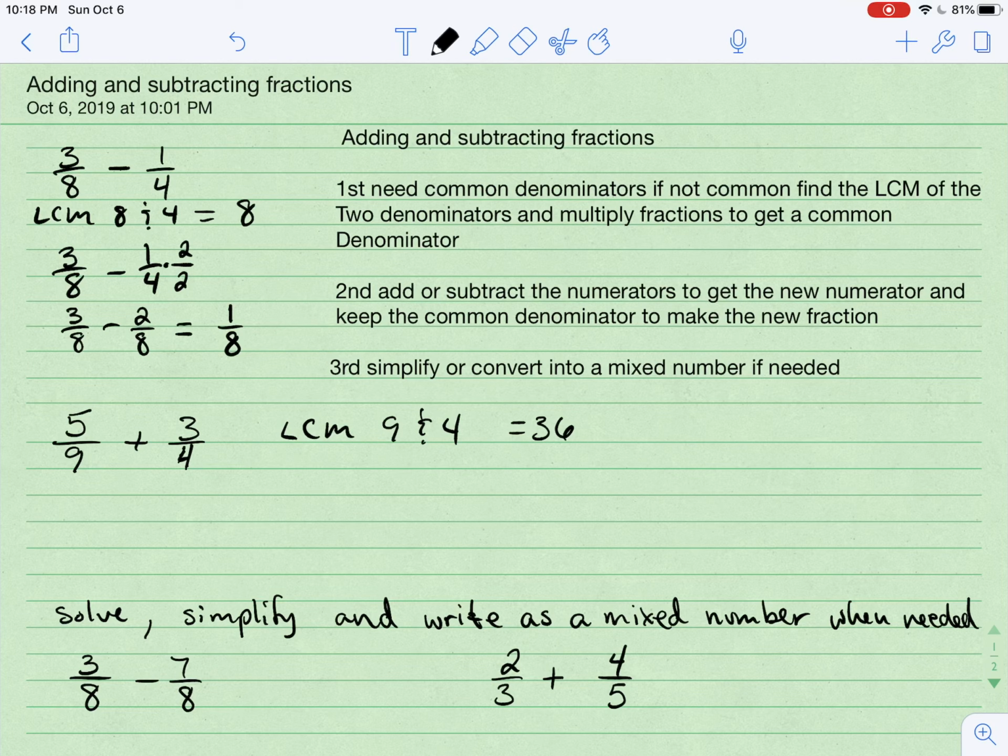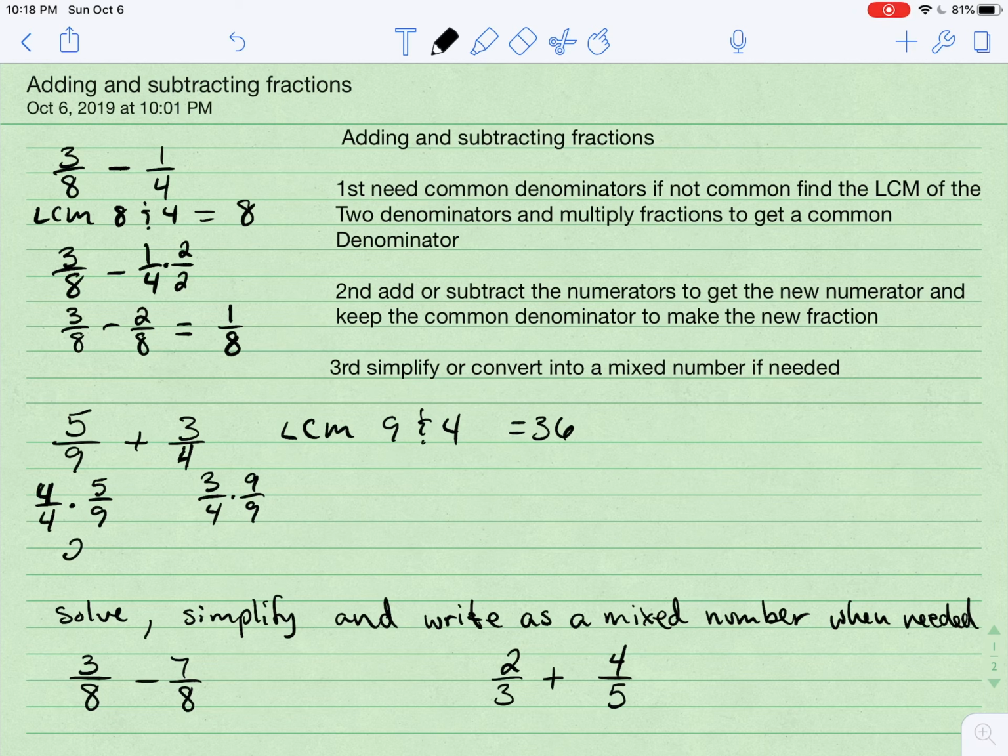And so 36 is the first one that 4 can go into evenly. So 4 times 9 is going to give us 36. So we're going to multiply both the top and bottom by 4. And then for 3/4, we're going to times the top and bottom, or numerator and denominator, by 9 each.